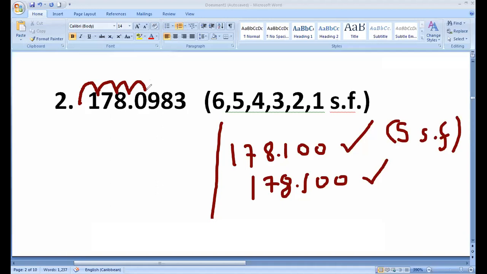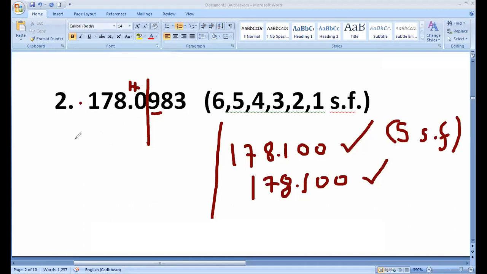Right here? Yes, sir. And you must tell me, because I'm not going to do it for you. So it's understood, 1, 2, 3. So it's between the 0 and the 9. Explain now. Because the 9 is greater than 5, you basically add 1 to the 0.